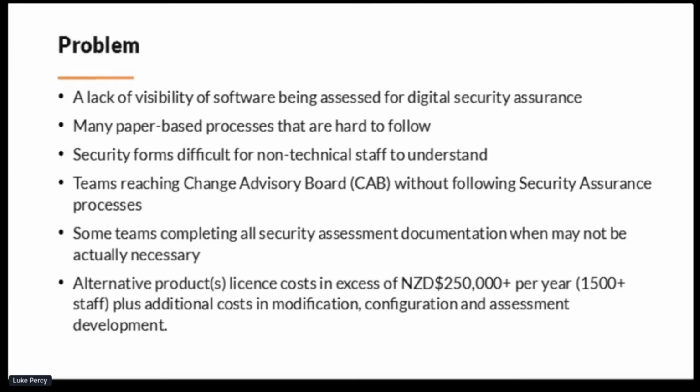There were teams reaching production with changes at times without considering security assurance for those changes. And there were also some teams within the organization that were completing more than what they really needed when it came to security assurance. So you had one side of the coin not doing any and the other side doing too much.